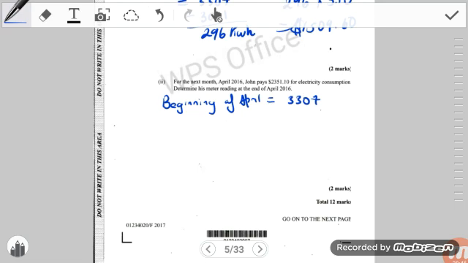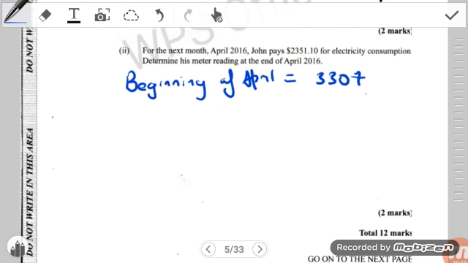Let's see here. So the bill was obviously $2,351.10. We know he's paying $5.10 per kilowatt-hour. So I'm thinking that, okay, if I know my total bill for the entire month, and I know what they're charging me per kilowatt-hour, then I can easily calculate the amount of energy that I used by dividing the two numbers.